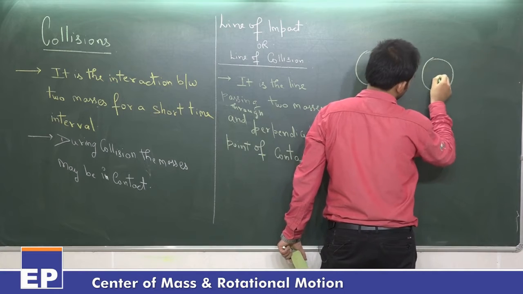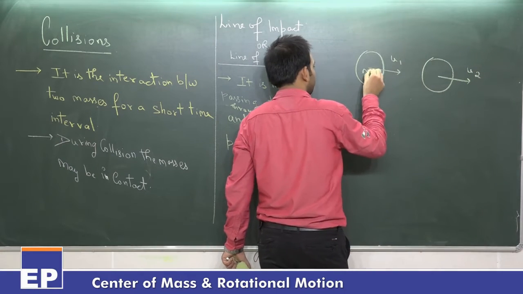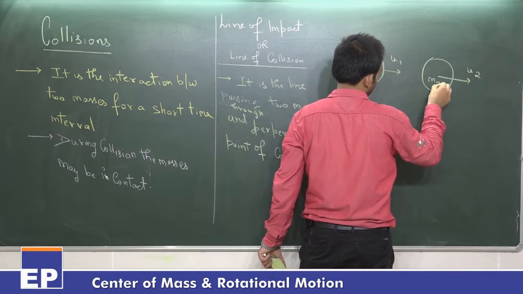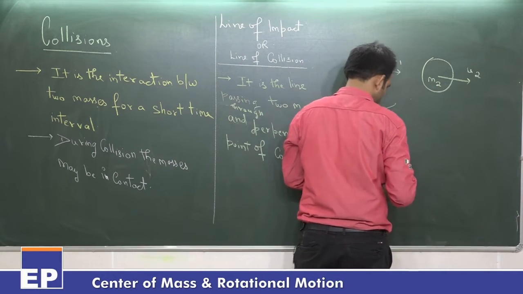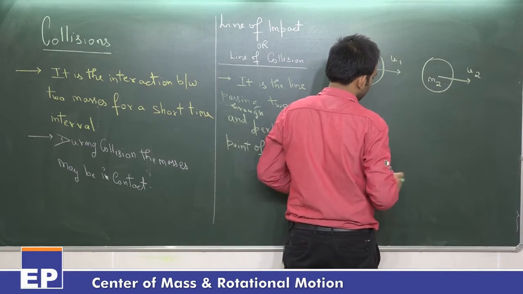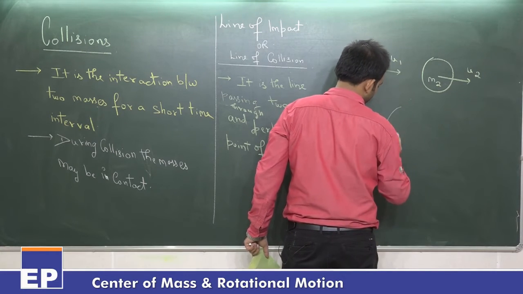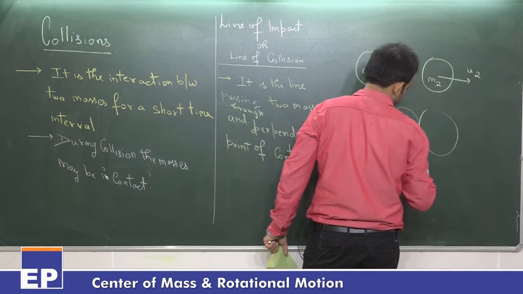Before collision they are moving with u1 and u2. And the collision will occur. During collision it looks like this.